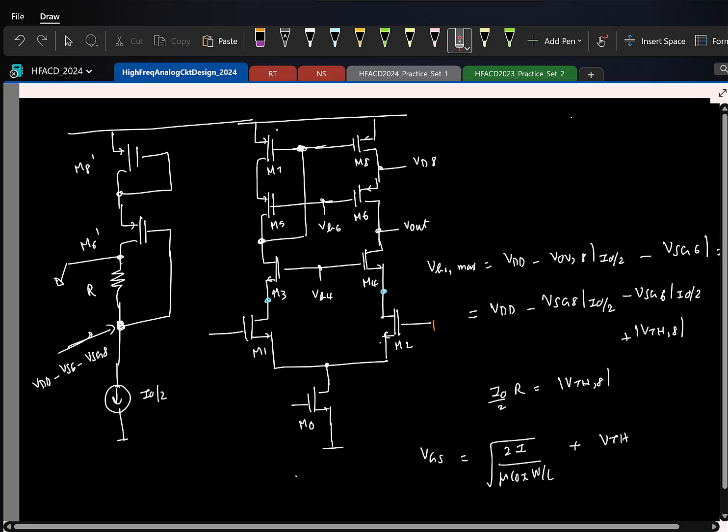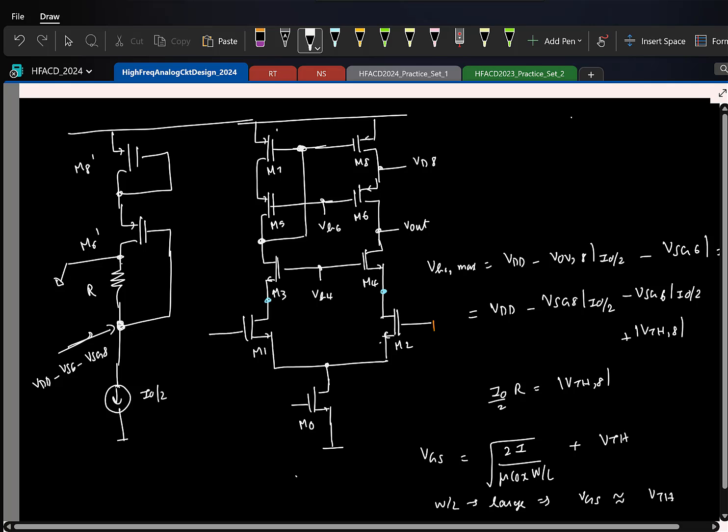W is under your control, right? So if I have a very large W by L, which means gate to source voltage, okay, fine.